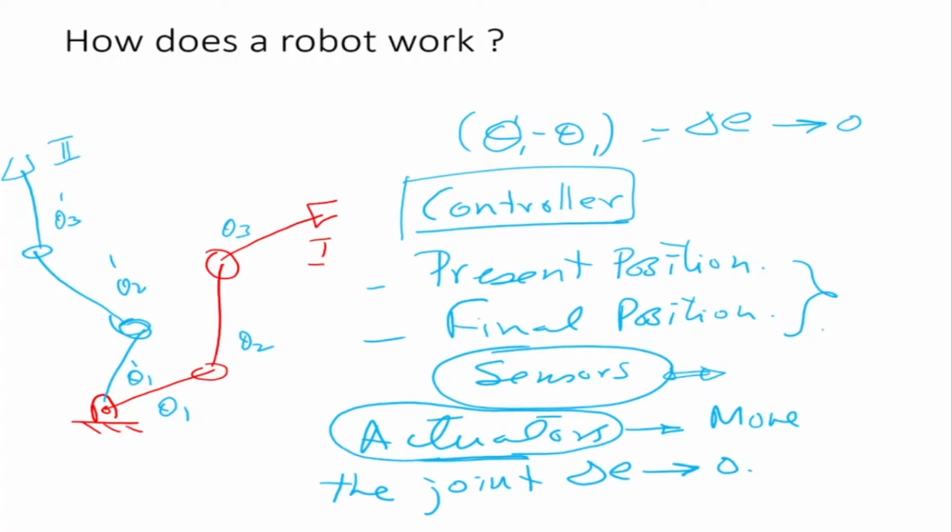Now, I explained in the last couple of classes that there is what is called independent joint control. There is a motor, there is an encoder, which is a position sensor, and there is a gear in front. Each of the joints has one of these units, and this is basically how the robot works. It is called independent joint control, which means that the joints are controlled making the assumption that each joint does not affect the other joint. Now we know from dynamics that that is not true.